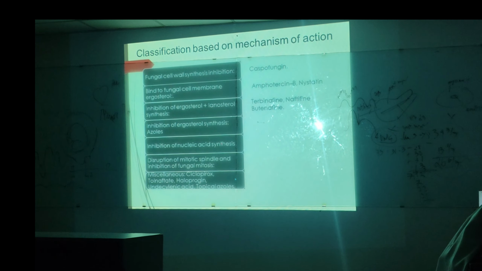And then your terbinafine, naftifine, and butenafine will inhibit the synthesis of your lanosterol, which is part of the ergosterol synthesis. And then the azoles will inhibit the ergosterol synthesis. Those that inhibit nucleic acid synthesis, you have your 5-flucytosine, and those that cause disruption of the mitotic spindle and inhibition of fungal mitosis is your griseofulvin. The rest are miscellaneous ones.